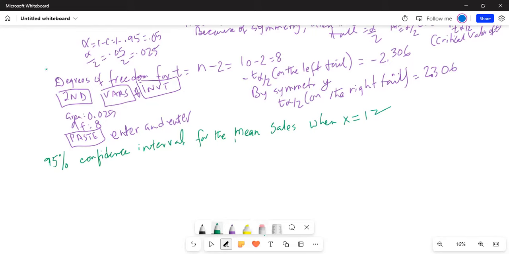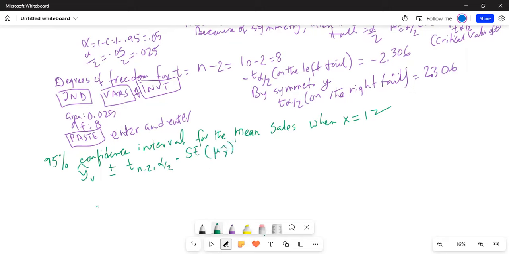It is y predicted plus minus t n minus 2 alpha by 2 times the standard error for the average value of y bar.